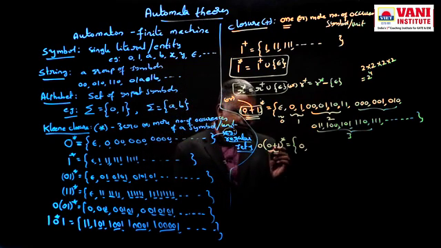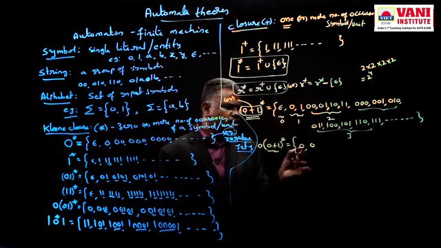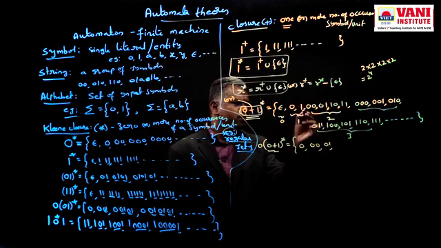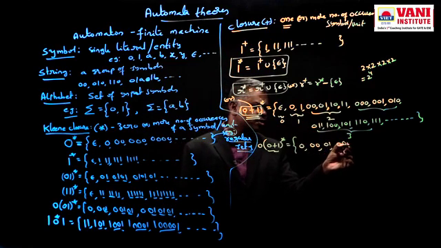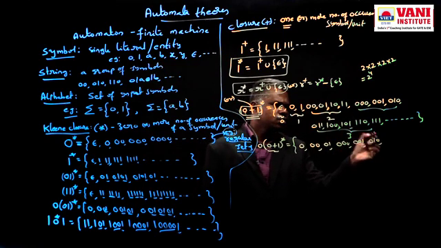The first 0 of the string is mandatory, and after it we can have symbols of length 1, length 2, length 3, all the same as before, just augmenting a 0 before that regular set to start off every string. So 0 followed by epsilon is 0, 0 followed by 0 is 00, 0 followed by 1 is 01, 0 followed by 00 is 000, 0 followed by 01 is 001, 0 followed by 10 is 010, and 011.